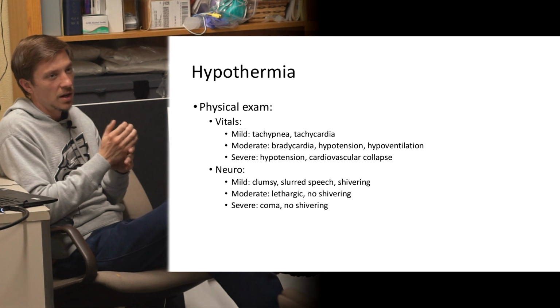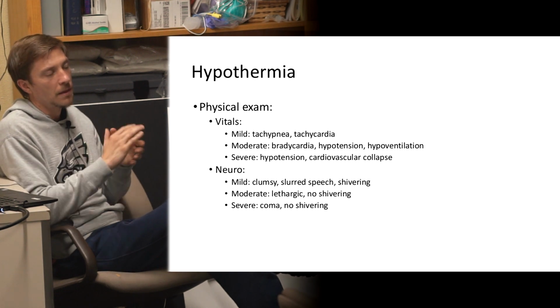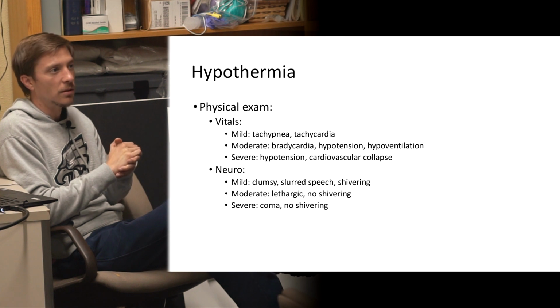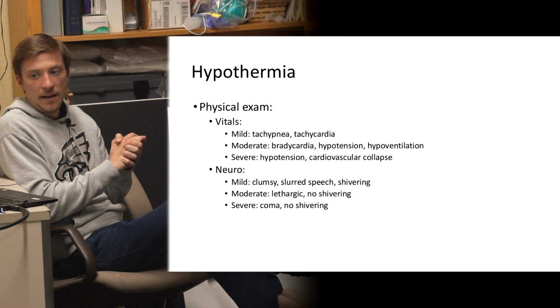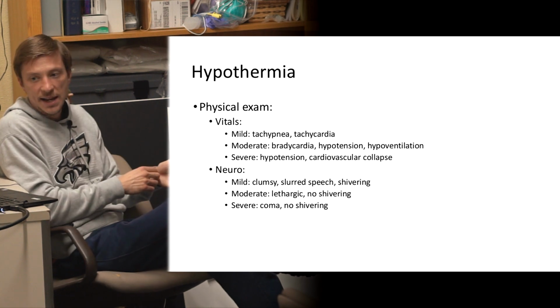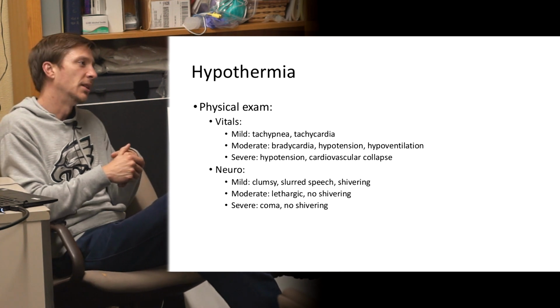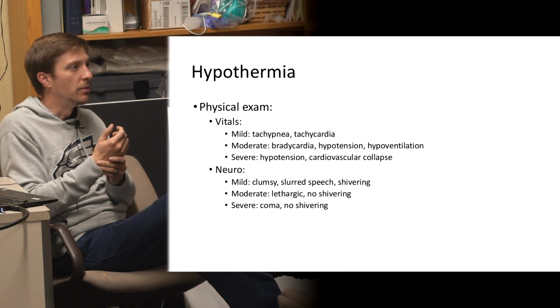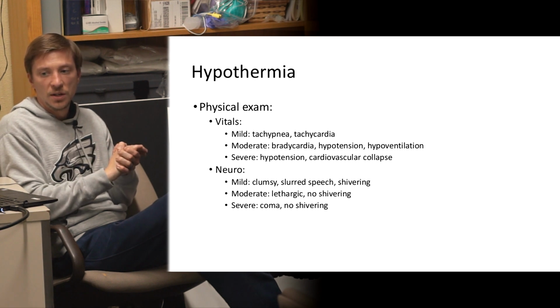That's one to consider EMS or ALS intercept, or an i-gel if they're not controlling their airway. And then severe, that temperature less than 82, they're going to be hypotensive with cardiovascular collapse. That's where you're going to have to start coding them, and they're going to be comatose. And again, there's no shivering on exam.